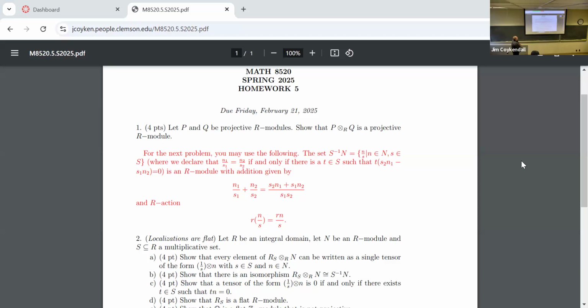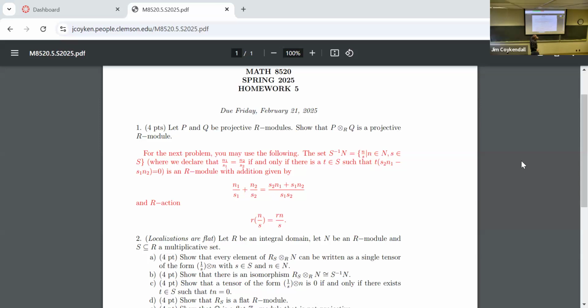Look at the set S inverse N, which is fractions N over S, where N is in the module and S is in the multiplicative set. So really I have elements of the module divided by something in the multiplicative set. If you saw localizations, then you've got a similar thing here.